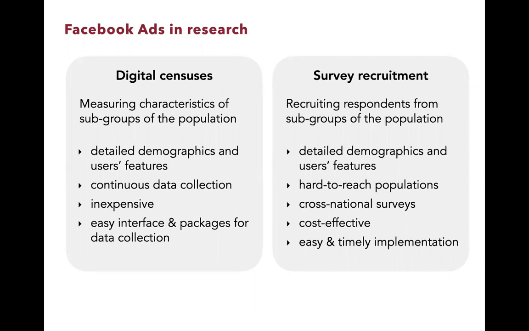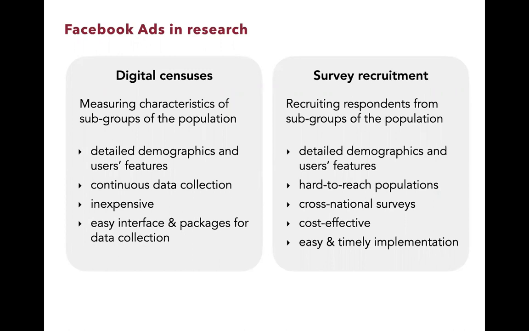Both research types leverage the detailed demographics and user information provided by Facebook to define the target audience, with the possibility, as I mentioned, to also target hard to reach populations, which otherwise would be very difficult to involve in your survey study. In both cases, data collection can run continuously.